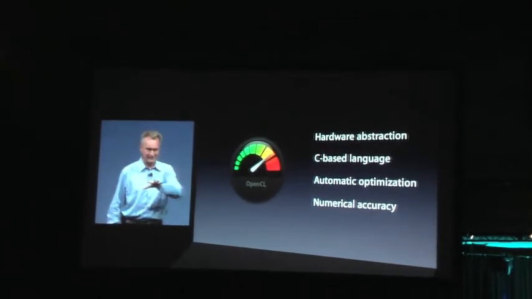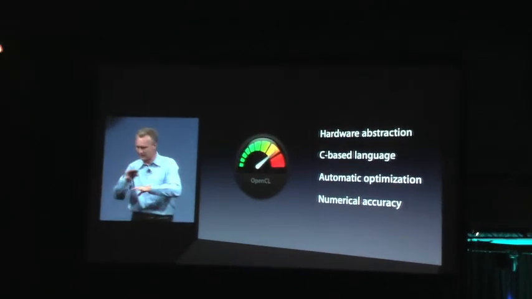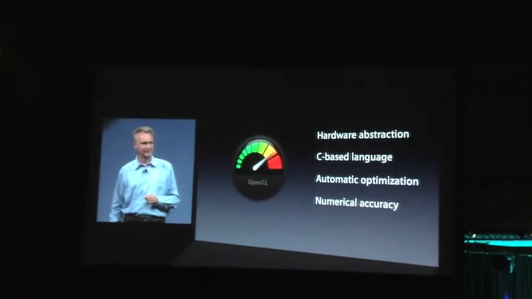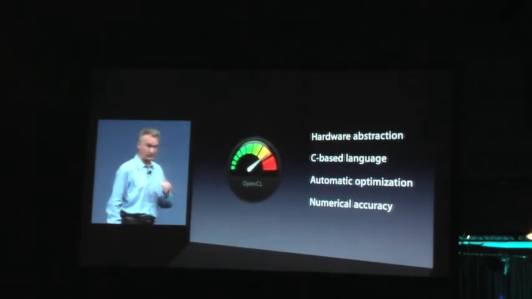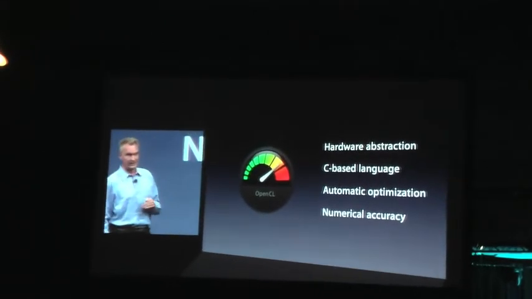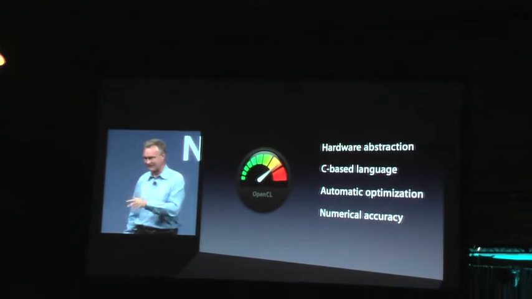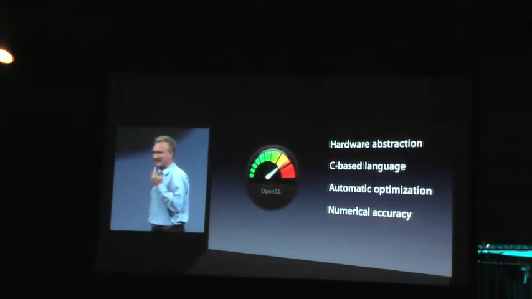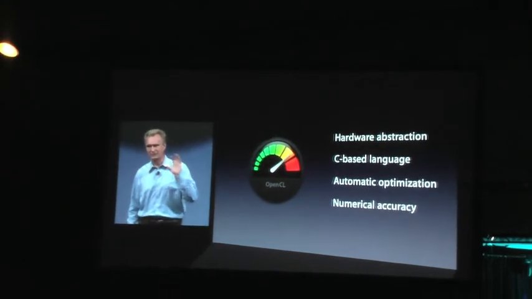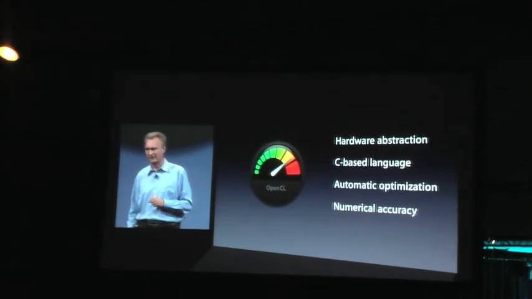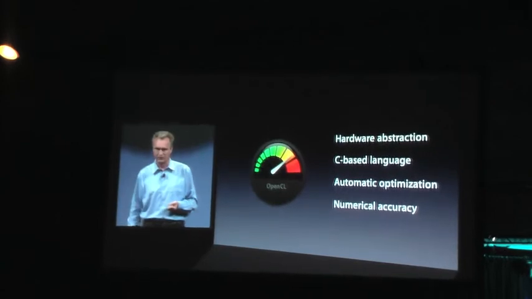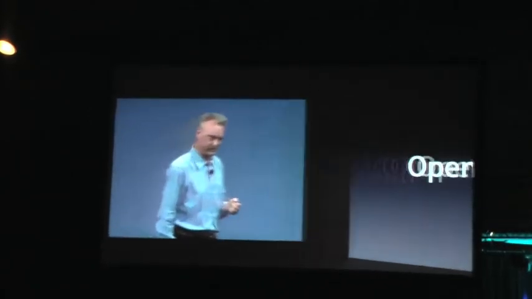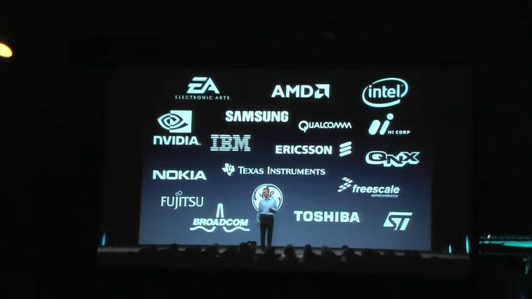It protects you as developers from exactly what card the user has. It's based on C, so there's a very low learning curve. It uses sophisticated compilation techniques to optimize, and it has numerical accuracy, which means you can use it for scientific computation. We've also decided to make it an open standard, and many companies are participating.